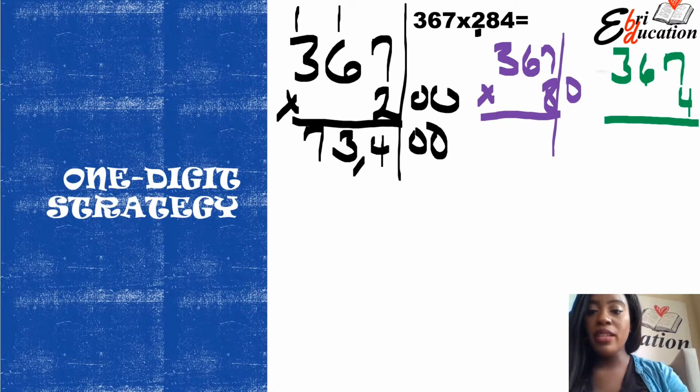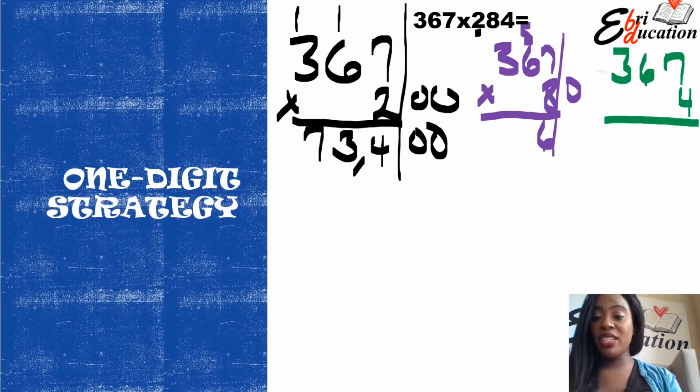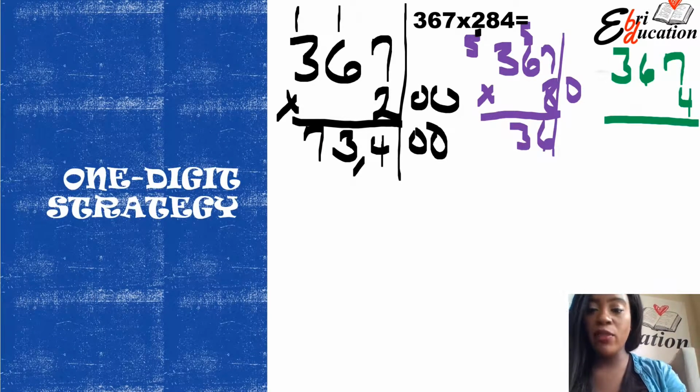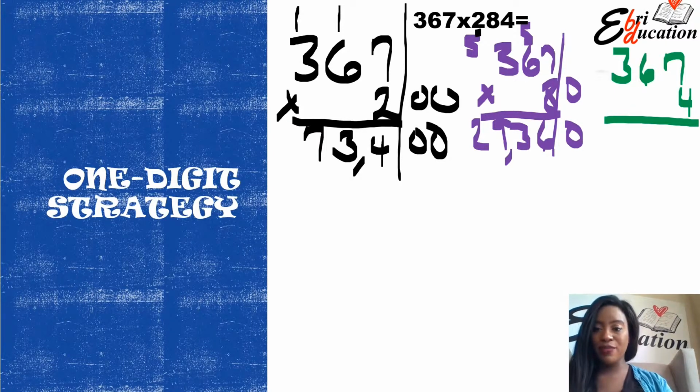Next, we're going to do 7 times 8, which gives us 56. Now 6 times 8 gives us 48, plus 5, which gives us 53. Then 3 times 8 gives us 24, plus 5, which gives us 29. Bring that 0 down. Now we have 29,360.